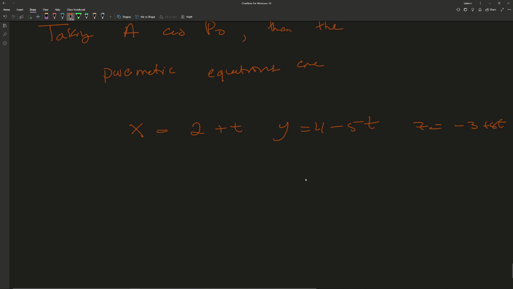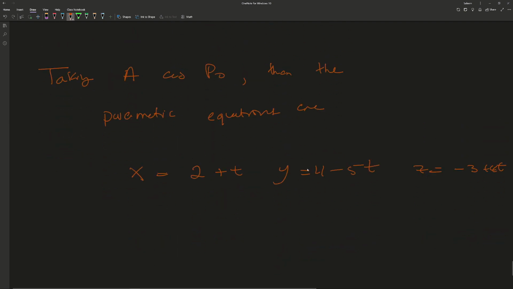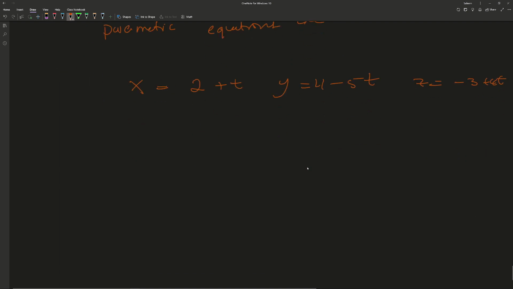Now I need to find the symmetric equations. Lucky for us, we can interchange between these types of equations. So what is my first one here? It'll be x minus 2 upon 1. Then this is equal to y minus 4 upon negative 5.